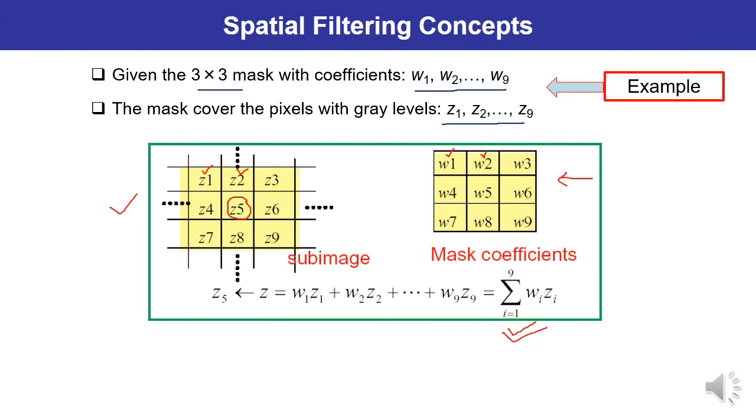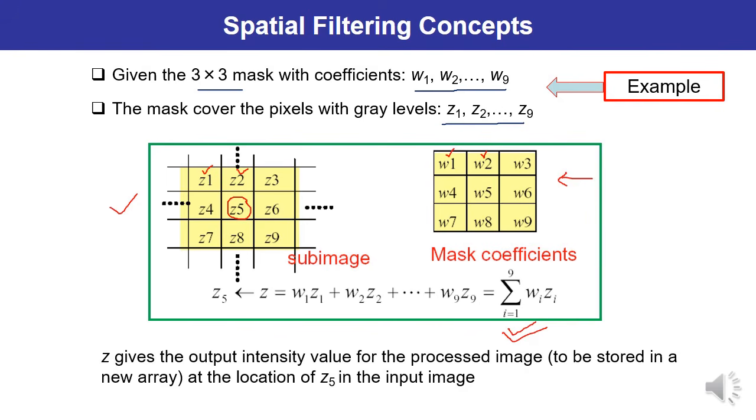This is how the mask can be applied on an image, and the intensity or gray level can be enhanced. Z gives the output intensity, which will be updated at the location of Z5.